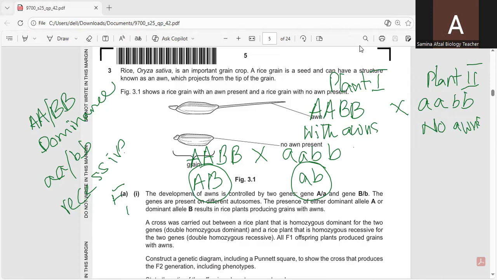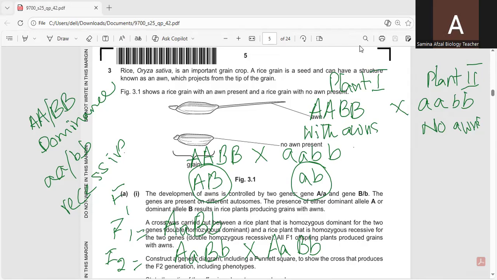So F1 will be capital A, small a, capital B, small b. To get F2, there will be self-fertilization of the F1 seeds.